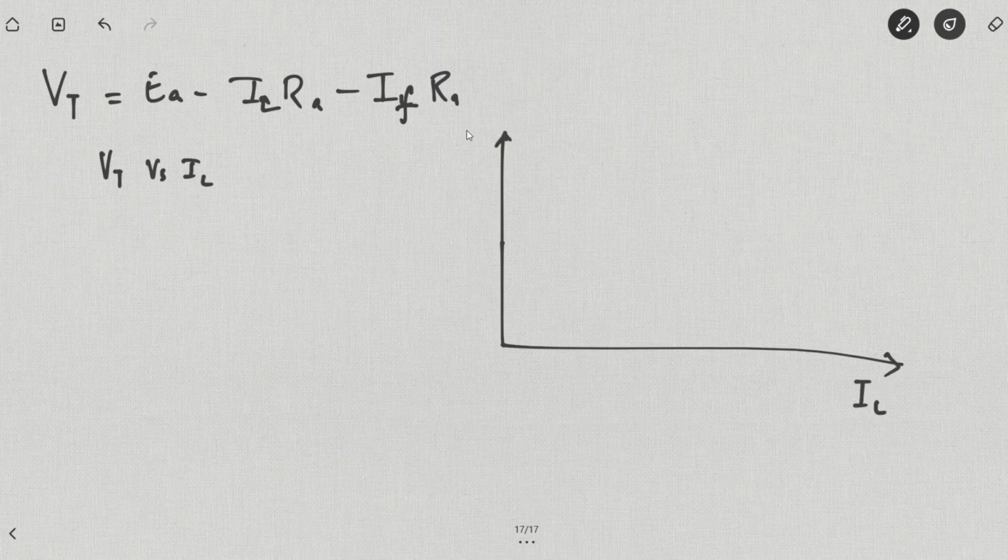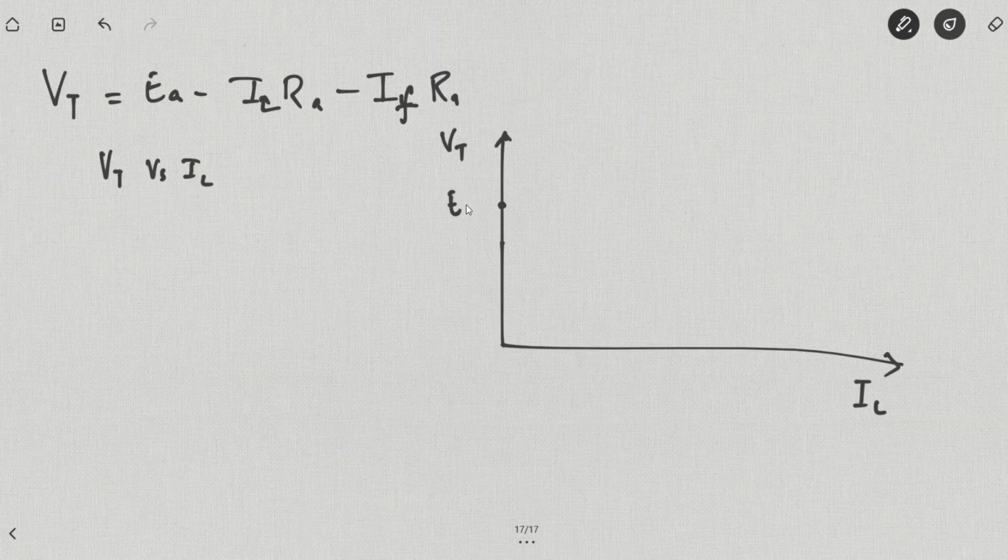We're not plotting against IA, we're plotting against IL. At IL equal to 0, we cannot say IF is 0, IF has to be there for EA to occur, but let's assume IF is 0.